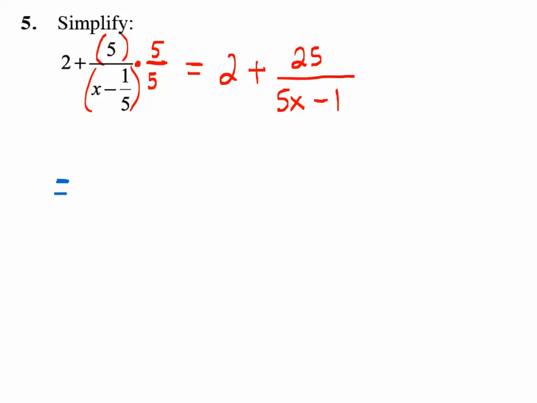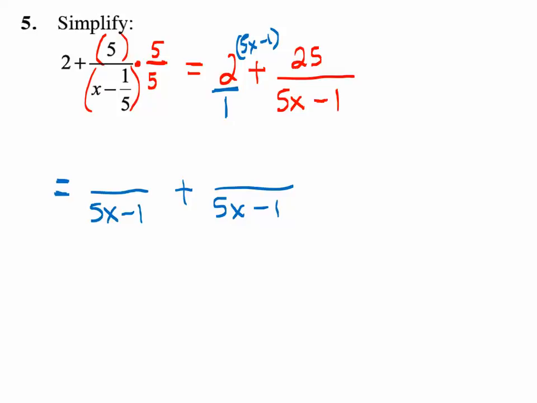Thinking about how to add and subtract, we need a common denominator now, which is a 1 underneath the 2, and then as the common number would be 5x minus 1. Need to multiply the 2 by that 5x minus 1. Okay, finishing it off, I think we had a problem very similar a little while ago on that.